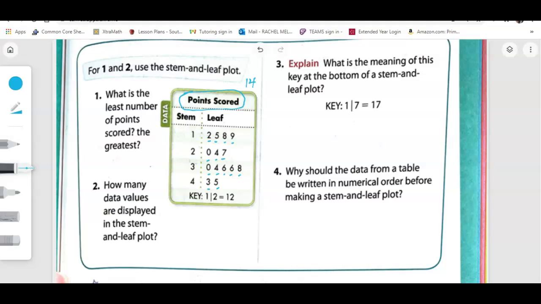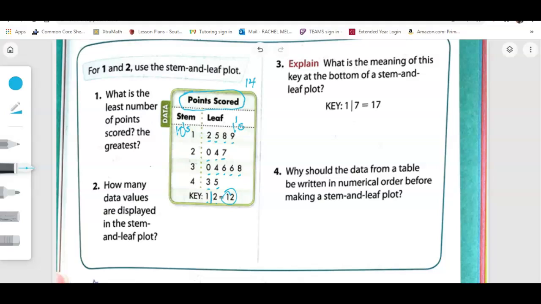So as always, I look at my key. Here's that line again. And hey, we're getting lucky because this is just like the one we just did. So 1, 2 is 12. So again, the stem is the tens place and the leaves are the ones place.